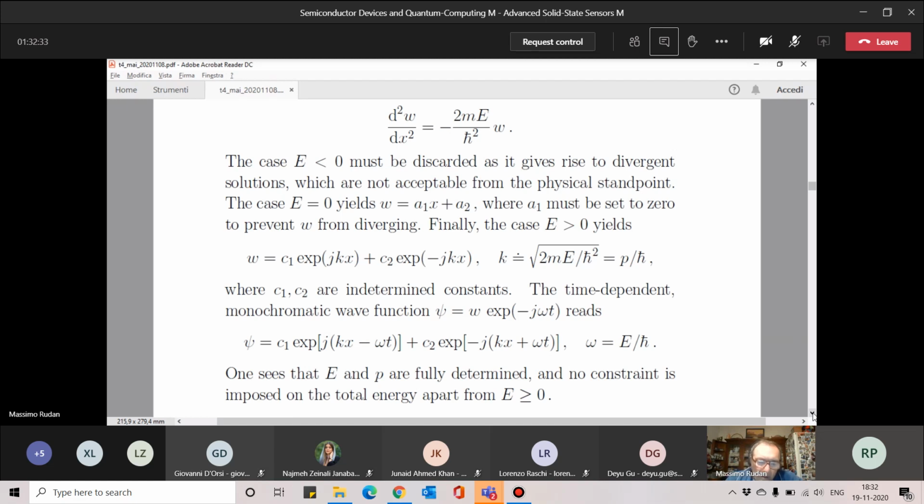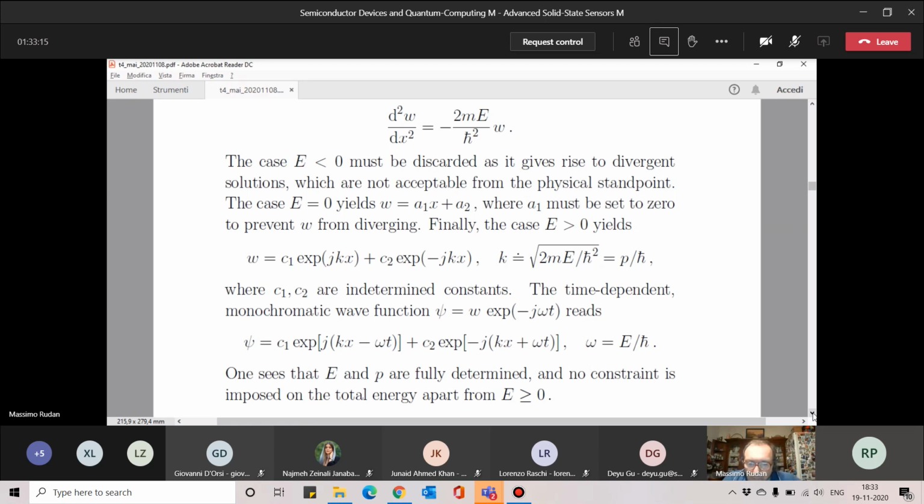Positive direction because the sign of k and omega are opposite in the exponent, okay? k has a plus and omega has a minus. The other term is C2 exponential of minus j(kx plus omega t). So this is another planar and monochromatic wave that propagates along the x-axis, but in the backward direction, because the sign of k and omega are equal to each other.